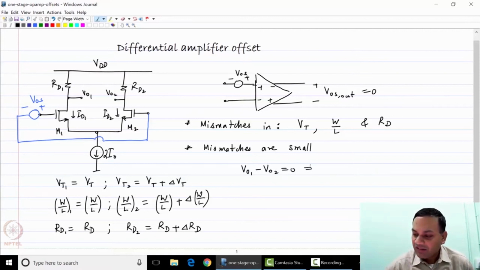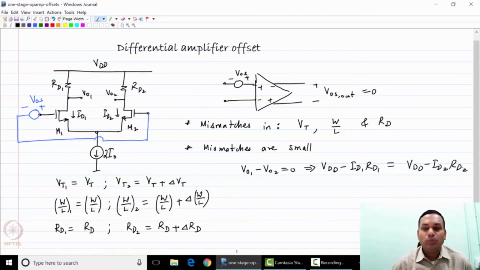Now this clearly means that VDD minus ID1 RD1 should be equal to VDD minus ID2 RD2, and this clearly means that ID1 RD1 should be equal to ID2 RD2. So this is another fallout of the definition of offset.